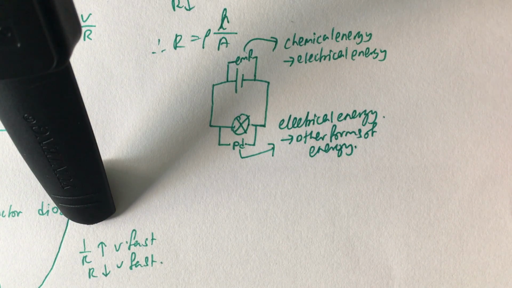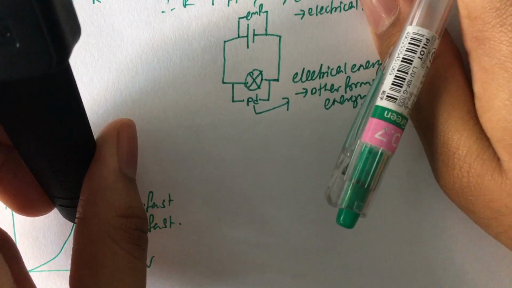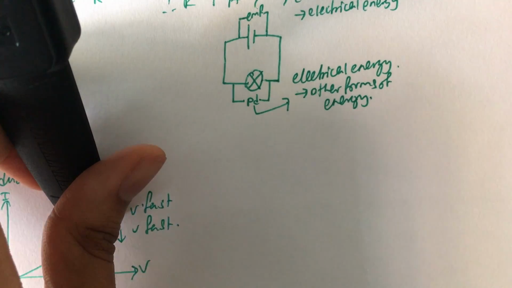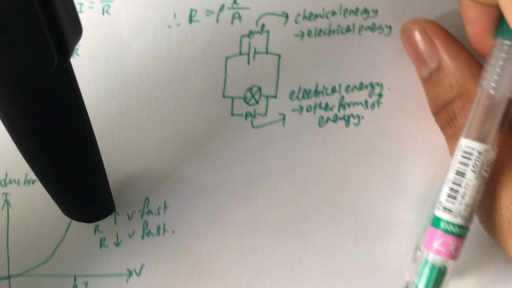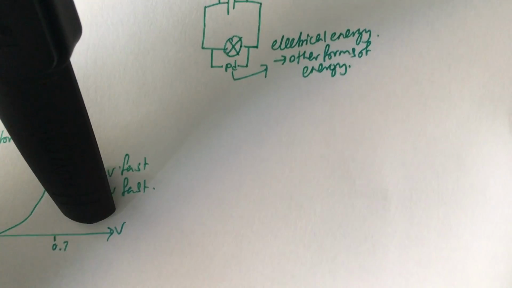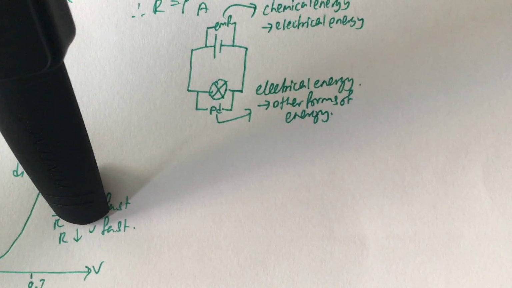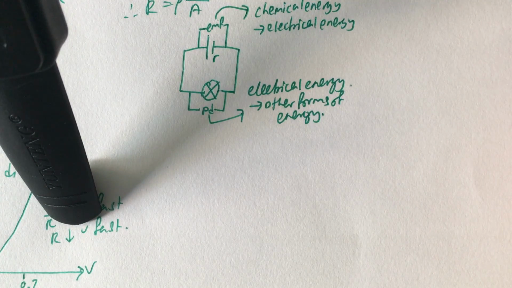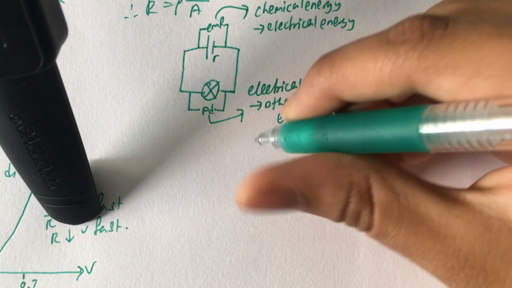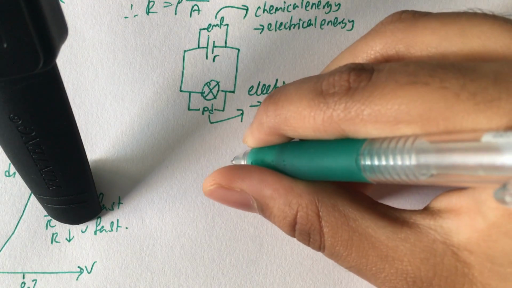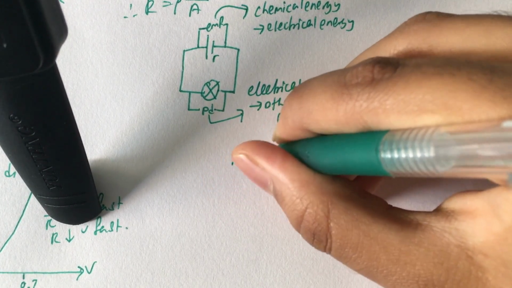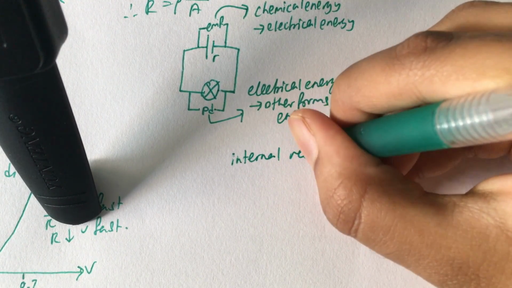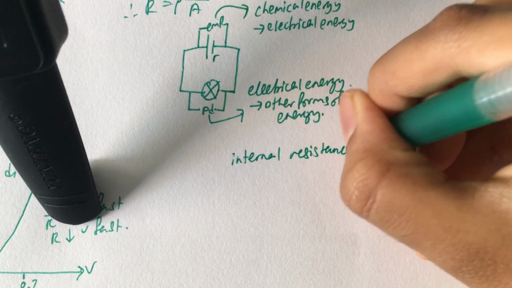And then the final learning objective is the understanding of the effects of the internal resistance of a source on the EMF of the terminal. Sometimes the battery has its own resistance. That resistance in the battery is usually represented with a small r in the question or in your working.